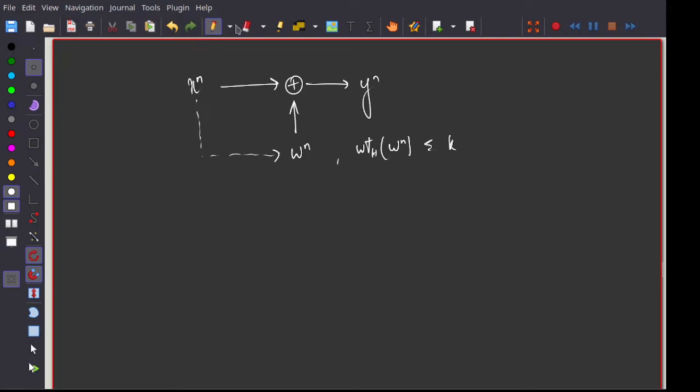Okay, let me use a different symbol, L. So this is a channel which introduces at most L errors in the transmission. So this is basically what I refer to as the adversarial channel.